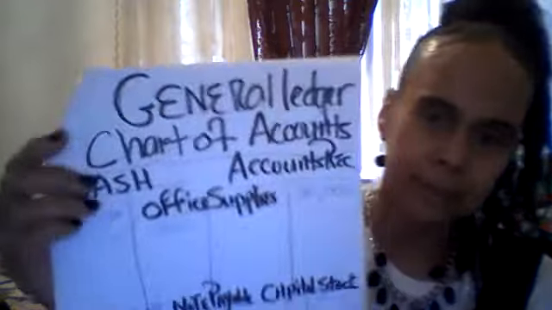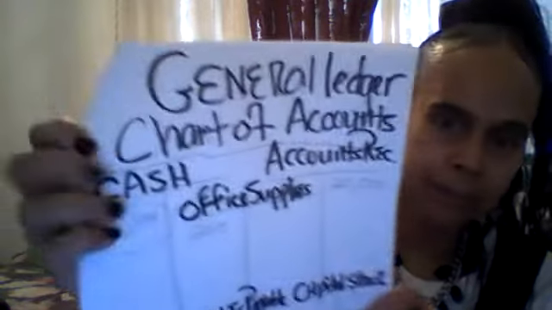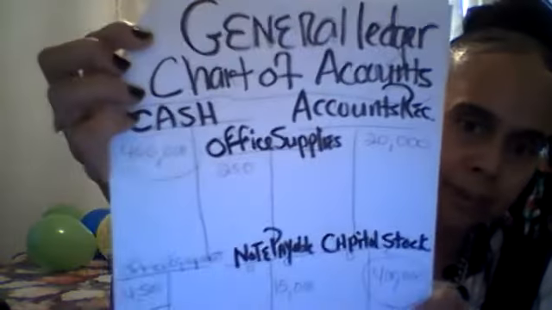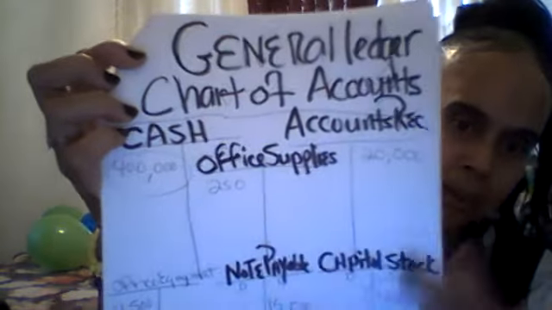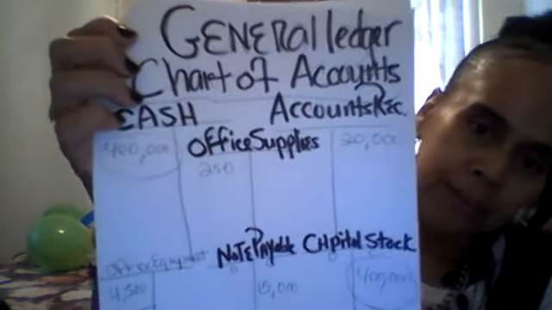In my general ledger I have cash, accounts receivable, office supplies, notes payable, and capital stock. These are all the accounts that you have. Then at the end, you total them up and you get your balance on all your accounts.